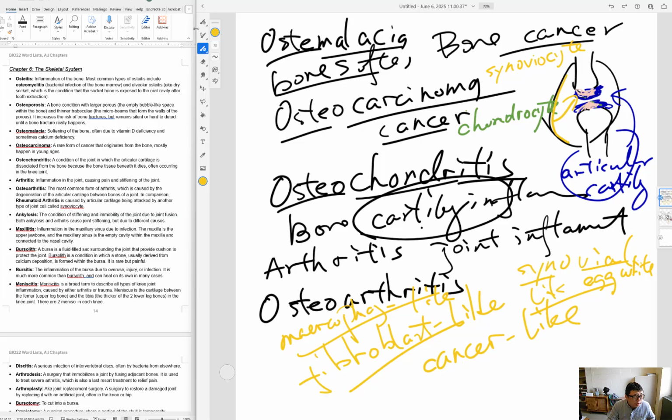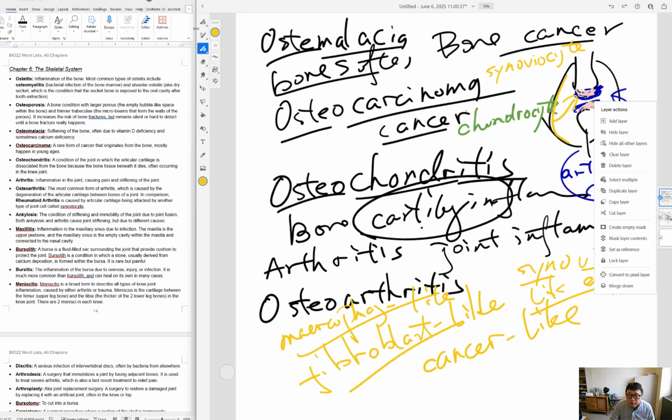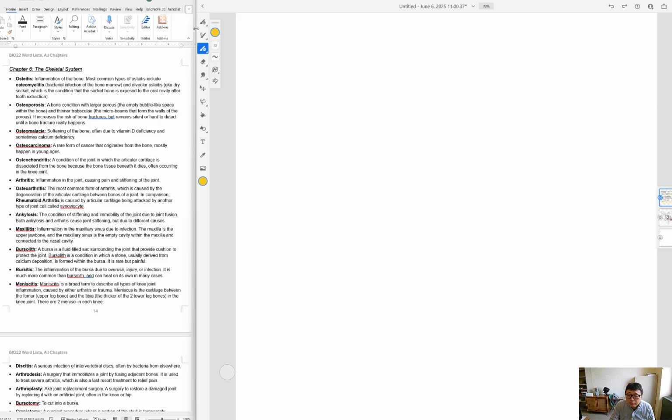Okay, let's keep going. Next one, ankylosis. Ankylosis is also a joint issue, similar to arthritis.